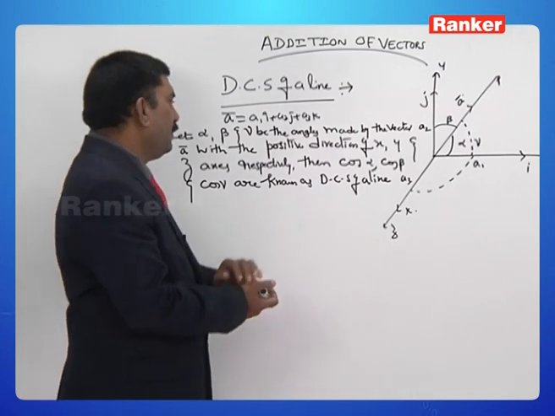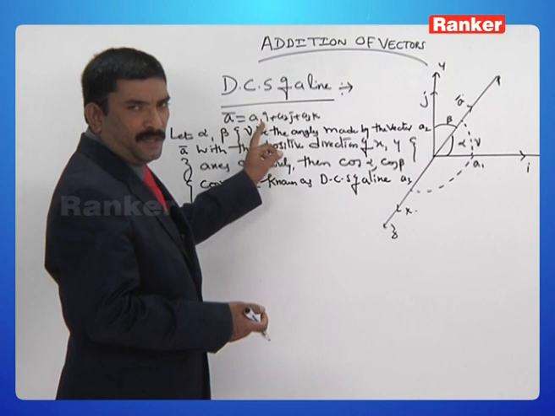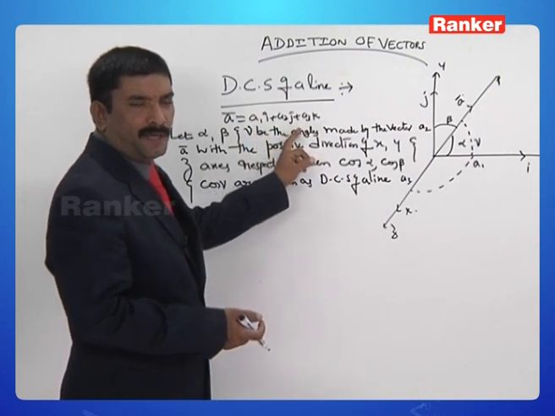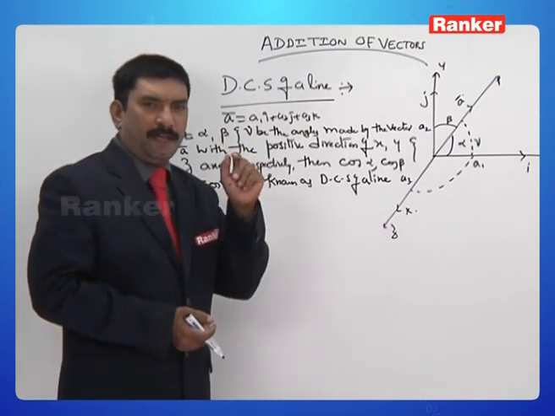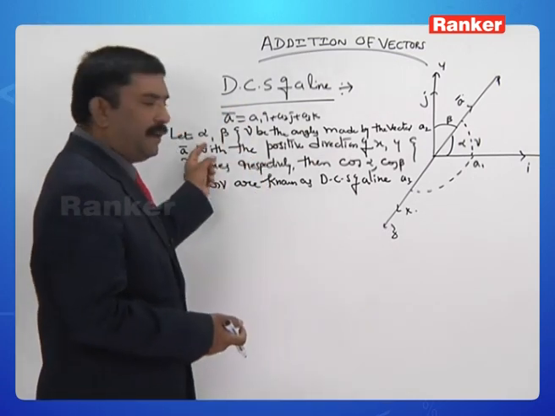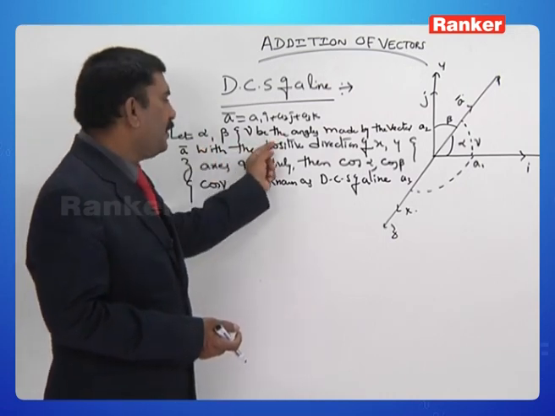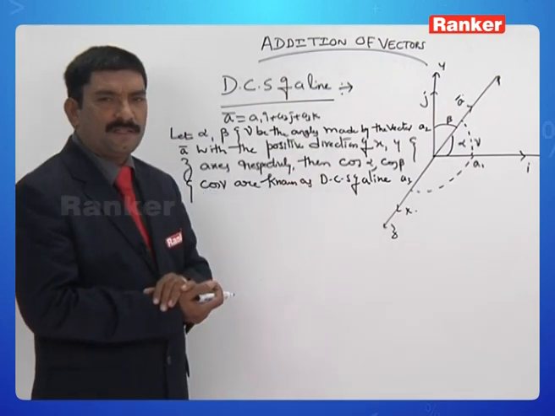Once again, let A bar equal A1i plus A2j plus A3k be the vector, ray or line which makes angles alpha, beta and gamma with the positive direction of the x, y and z axes.